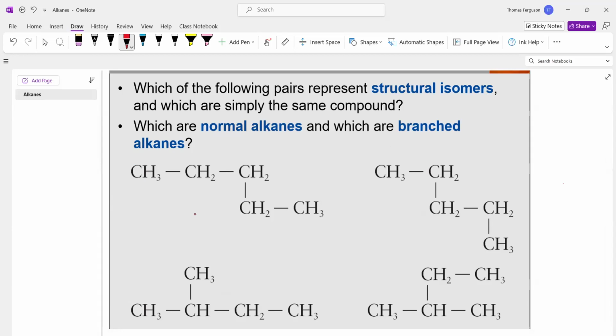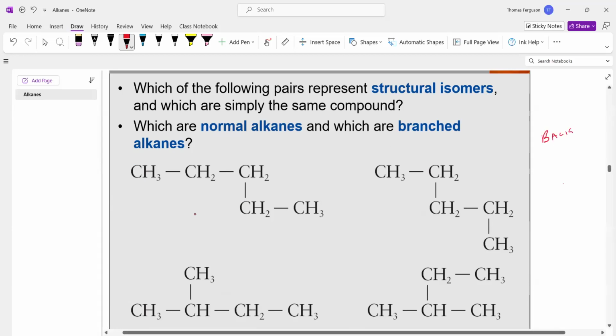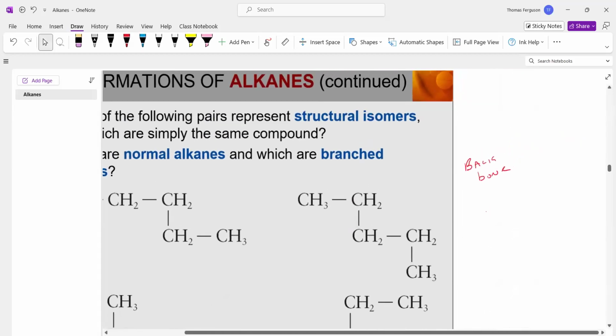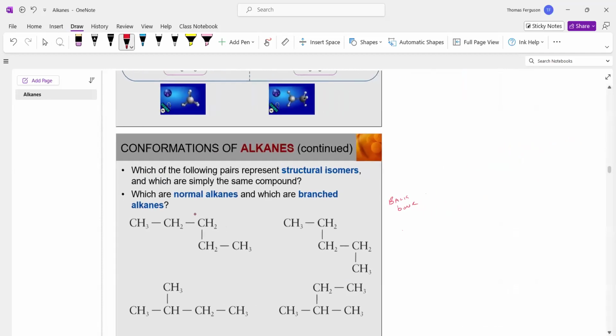There's something called a backbone, and the backbone is the longest chain of unbranched carbons.